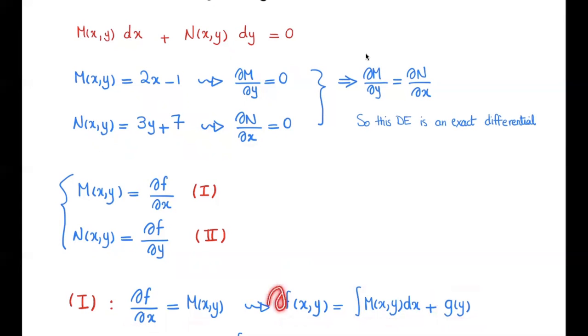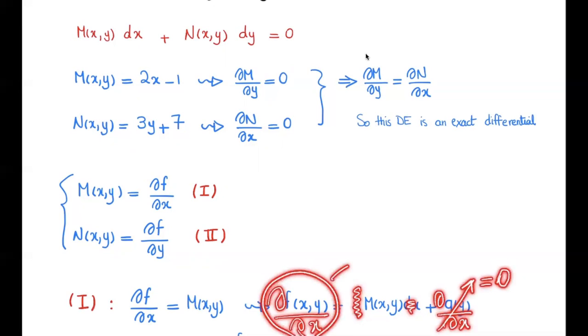Then partial f partial x will be equal to partial g partial x, which here will be equal to 0. So as you can see, partial f partial x will be equal to M of x and y.